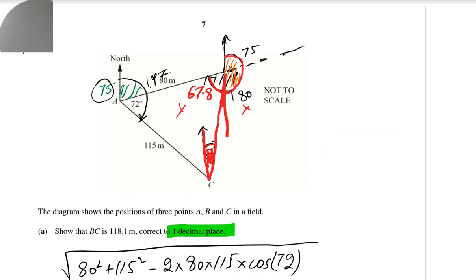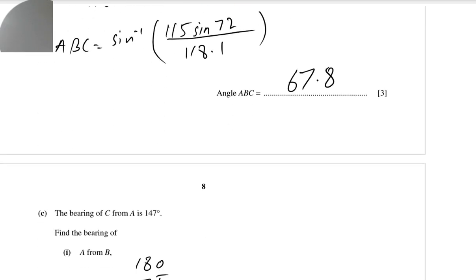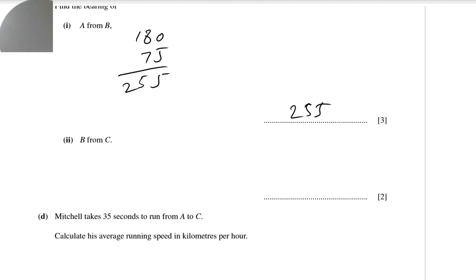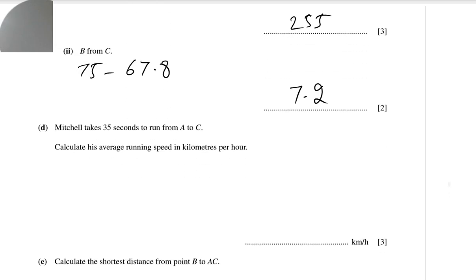So if you subtract 67.8 from 75, you'll get your answer. 75 minus 67.8, I think it will be 7.2. Let me confirm. 75 minus 67.8. Yes.